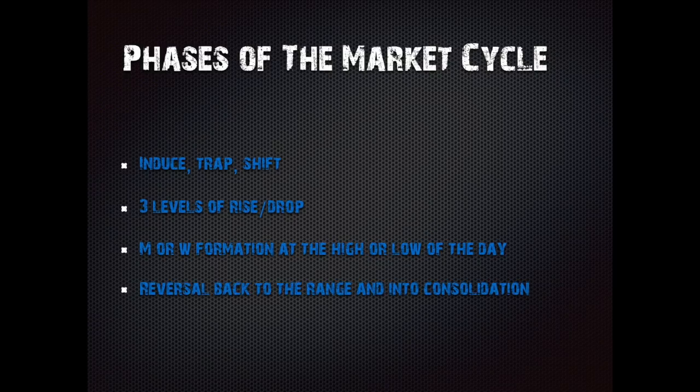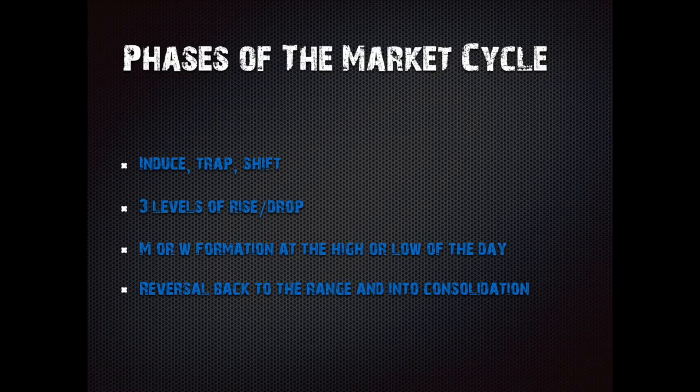And then the reversal back into the range and into consolidation. It all starts with Asian. After we induce, they trap, and they shift. They induce, they trap traders, and they shift are the phases of the market maker cycle.